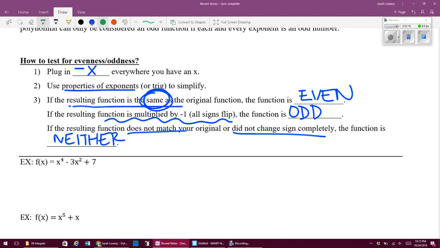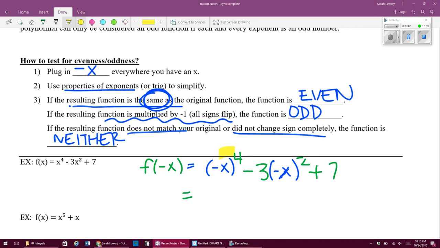So if you wanted to know if this function x to the fourth minus 3x squared plus 7 is even or odd or neither, step 1, everywhere you have an x, we're going to plug in negative x. So I get negative x to the fourth power minus 3 times negative x squared plus 7. Now let's use our properties of algebra.